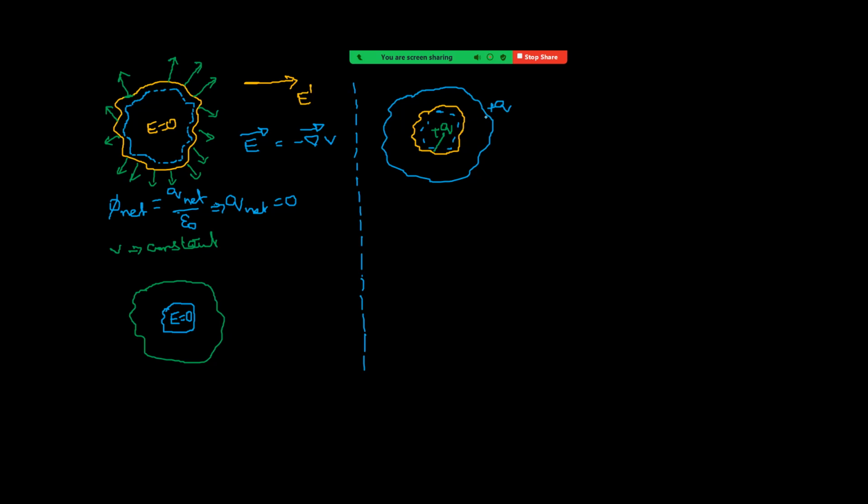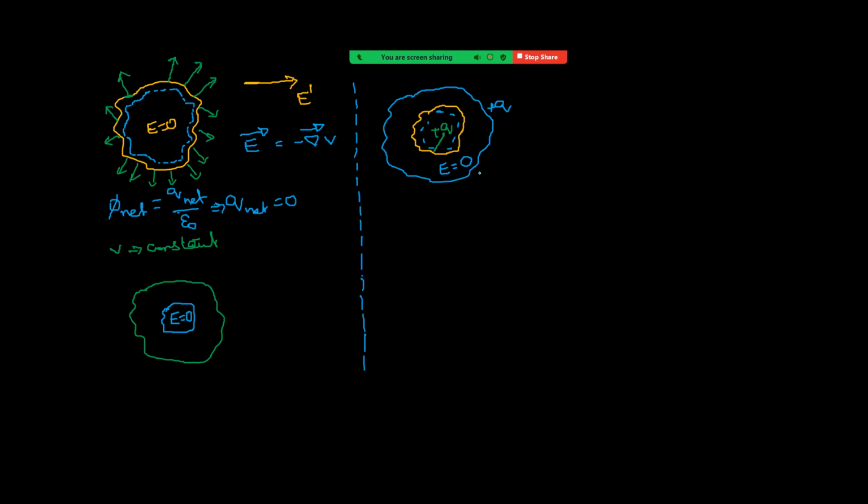Then the remaining plus Q will be on the outer surface of the conductor. So the field remains zero in the conductor, but the field in the cavity is not zero because a charge is present.